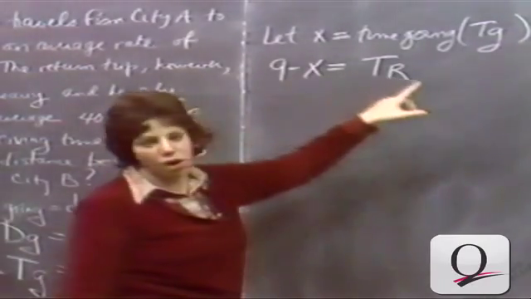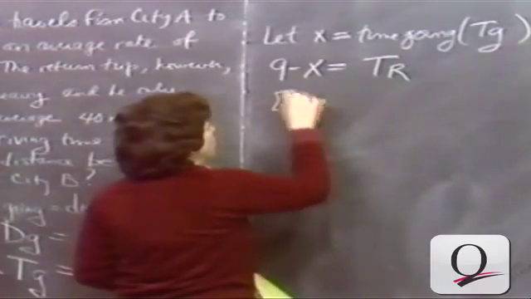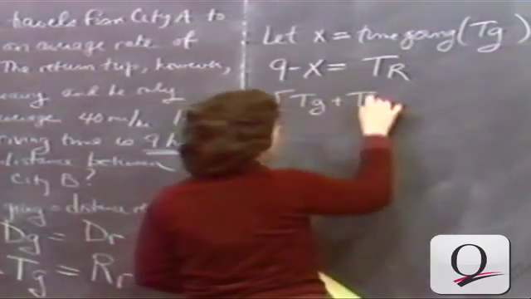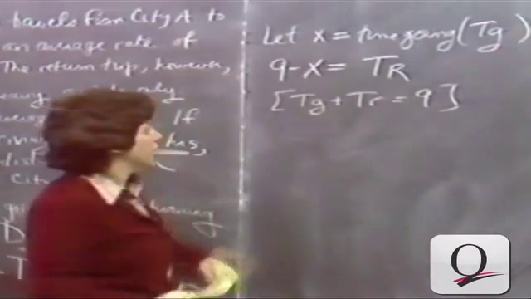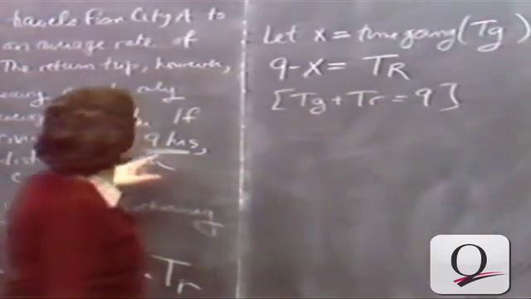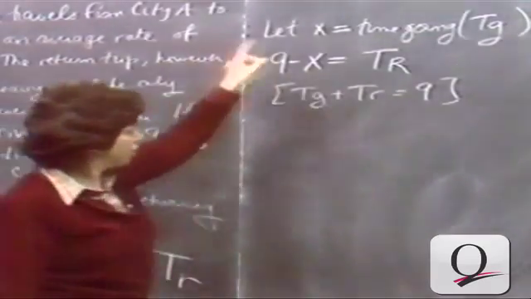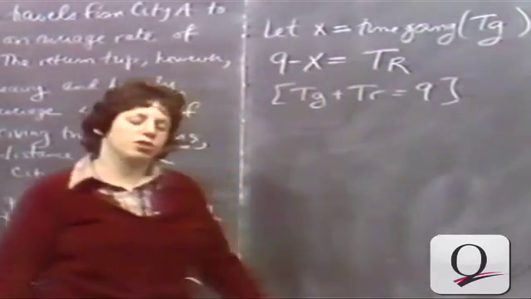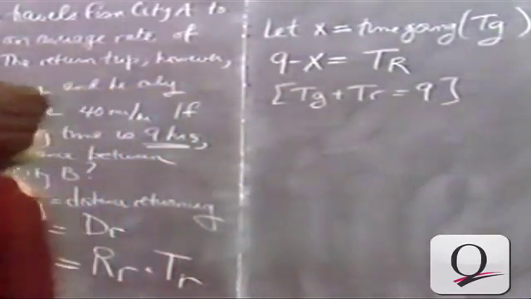You could have said let x be the time returning, and then 9 minus x is the time going. The only important thing is that the time going plus the time returning be equal to 9. The round trip comes to 9 hours, and this can be broken up either way. It doesn't matter as long as you're consistent.